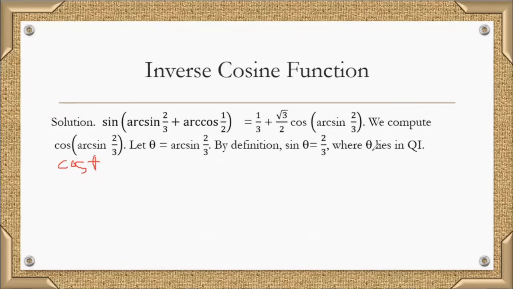Eh, ang 2/3 natin, kapag tingnan natin sa circular function, the angle theta lies in the first quadrant, dahil ang 2/3 ay positive value. So, that is in the first quadrant. So, pag sa first quadrant, all trigonometric functions are positive.